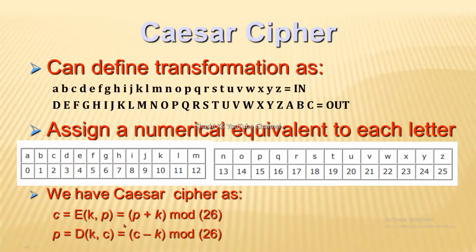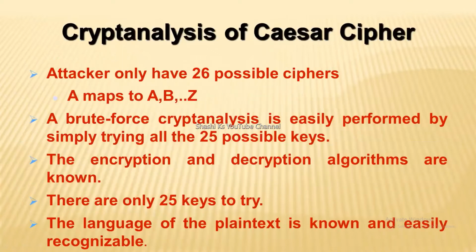So you can say C = (P + K) mod 26, where K is the integer value and P is the plain text. In the same way, you can obtain the plain text like this. Plain text is obtained by decrypting with the same K value. You can represent it as P = (C - K) mod 26.